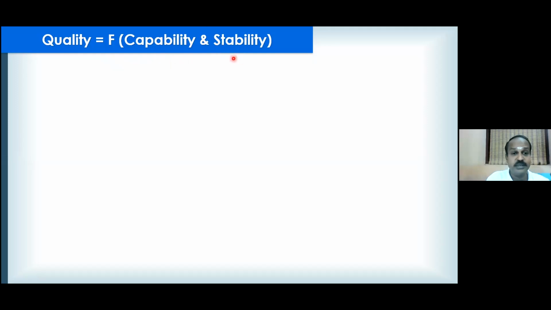So stability is important in any business process also. If business processes are stable, you can make them capable. If they are not stable, even if you bring the best trainer in the world, they cannot help you learn. Only a stable process can be made capable, and unstable processes cannot be made capable. You need to understand the logic.